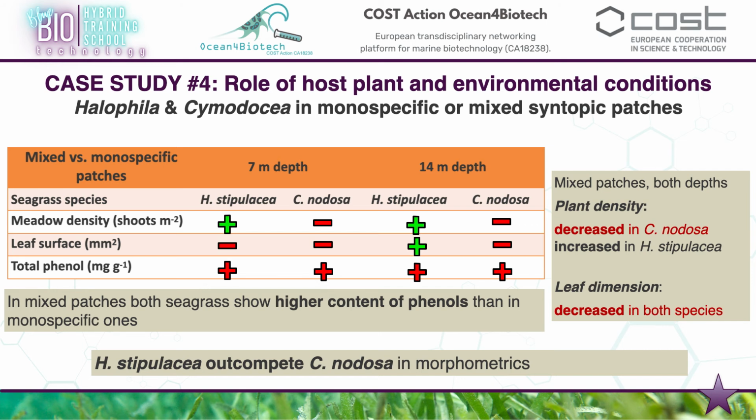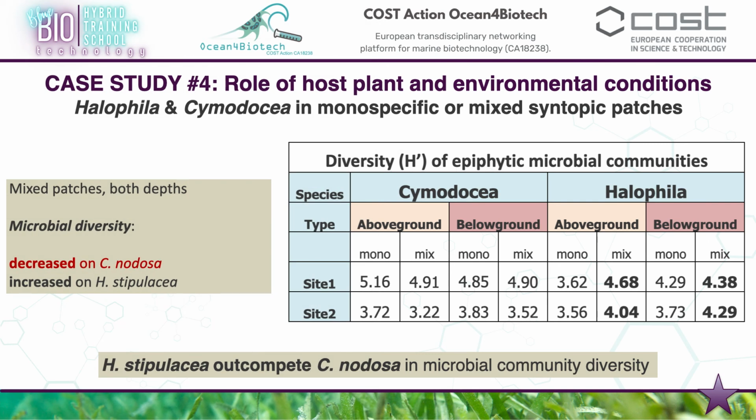And leaf dimension decrease in both species, but in Halophila stipulacea at 14 meters, in which was higher in Halophila. So this showed that Halophila stipulacea may outcompete Cymodocea nodosa in morphometrics. But what happens to the microbes?